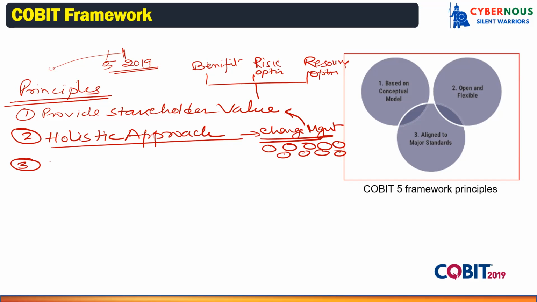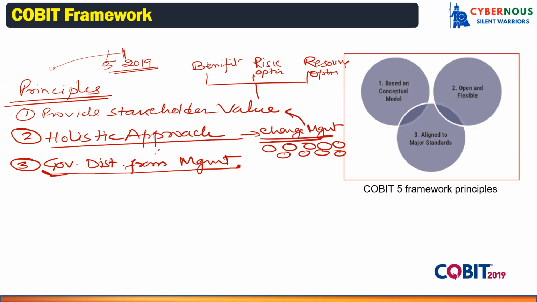And the next one is governance distinct from management. This is very interesting, right? No other framework will explain it so neatly. That is what COBIT explained. It says the role in governance should be different from management.